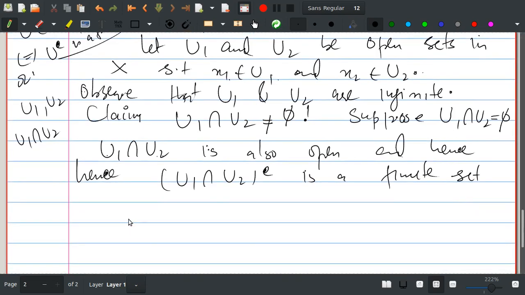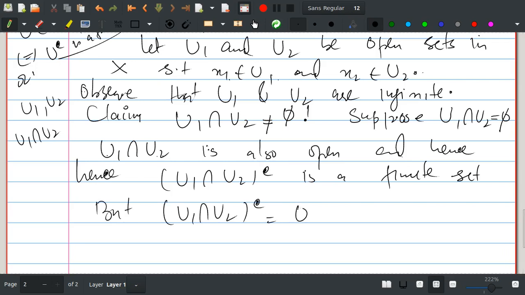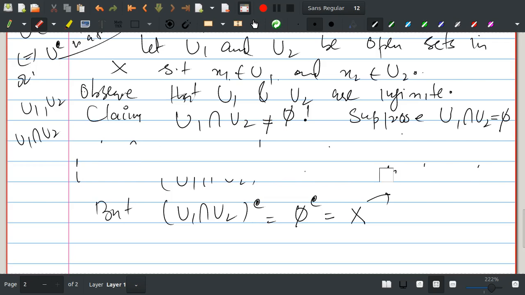But the complement of U1 intersection U2 is phi complement, which is X, and this X is an infinite set. So that is not the case. So this is one way, or we can proceed like this.